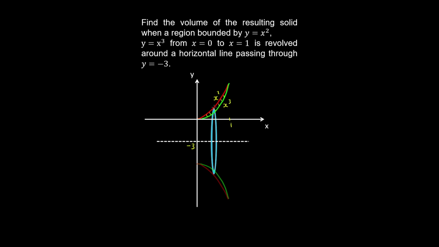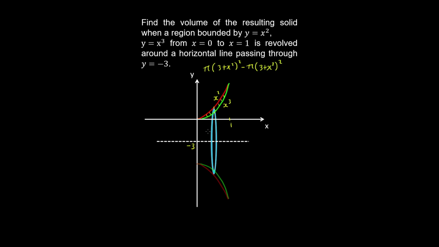So the area of the outer washer is pi by the radius squared, so the radius is 3 plus y, which is x squared, all squared. And then minus the area of the inner washer would be pi by the radius, so that would be 3 plus y, which is x cubed.